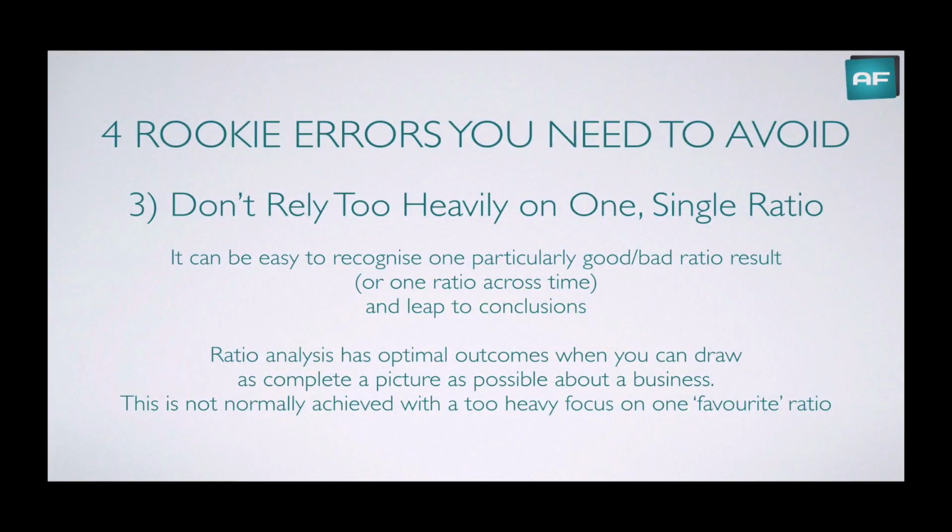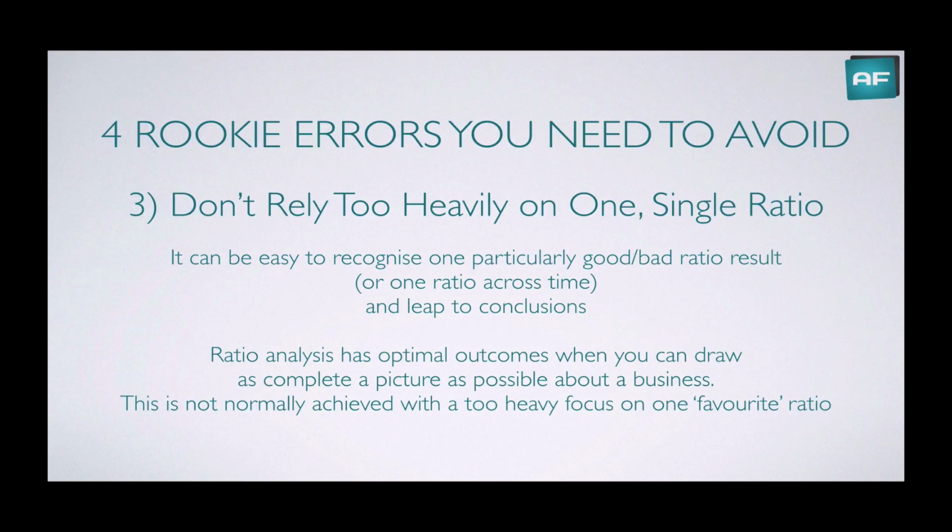As for the third rookie error, don't rely too heavily on a single ratio. It can be easy to recognize one particular good or bad ratio result or one ratio across time and quickly leap to conclusions. Ratio analysis has optimal outcomes when you can draw as complete a picture as possible about a business.